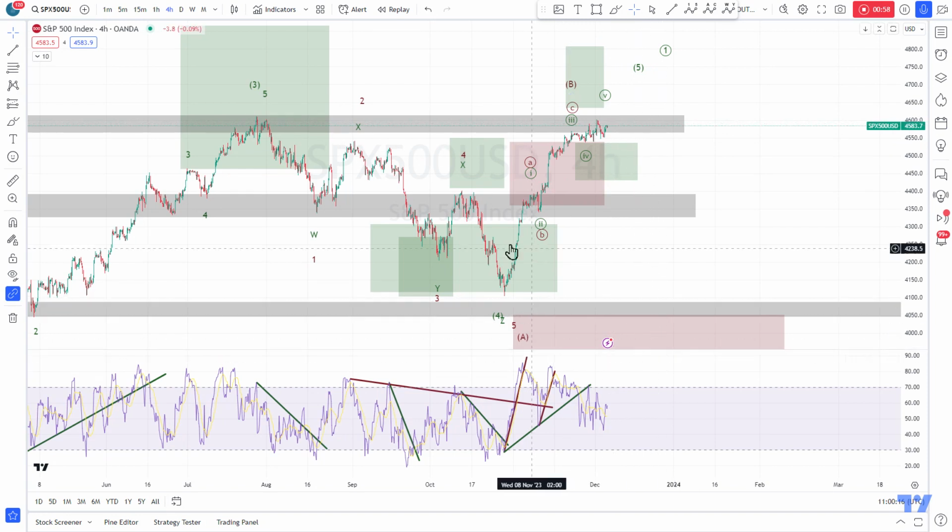The reason I believe this is ending: first of all, we are seeing 5 waves, which is what we should see in an impulse. And also we clearly have divergence here in the 4 hour, which is typically a reversal pattern. So with the data we currently have, I would say this structure is ending.